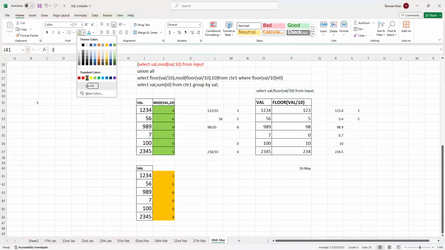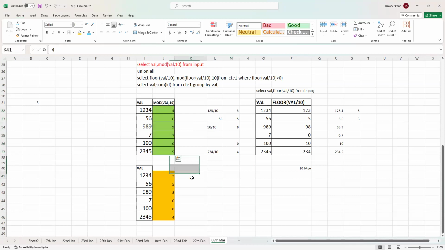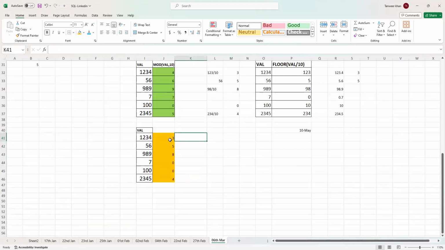Hope this is clear to everyone. Yes. What we are planning next, is that clear? The unit place we have extracted here. Now the next step is to extract the tens place number.